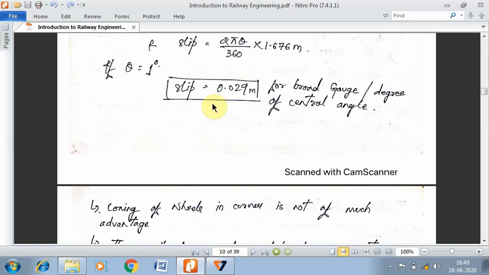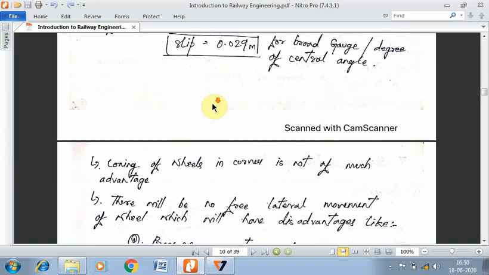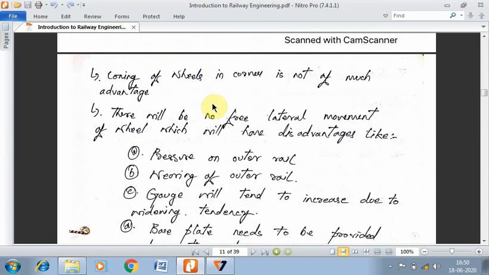So coning of wheel is considered to be of not much advantage when we are talking about a curved section of a railway track. That's why this again induces a lot of pressure on the outer rail.